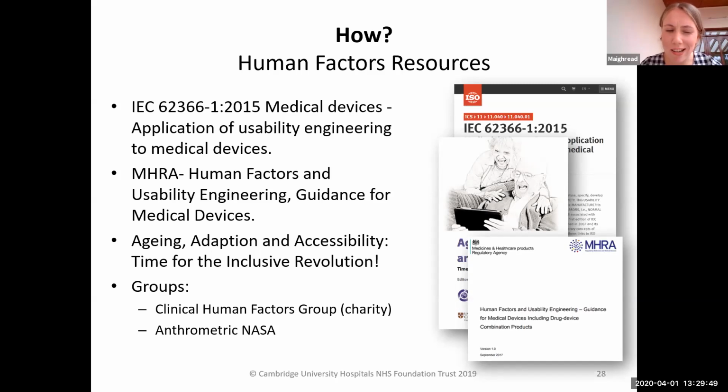The days tend to be either free or very cheap for NHS staff, so I'd recommend having a look at them. And then also NASA have really good guidelines around anthropometric dimensions. So if you're designing parts and you need guidelines on what dimensions that part should be related to the anatomy, NASA have provided quite in-depth resources for that, and it's really interesting to see some things that they've come up with, so I'd recommend having a look at that.